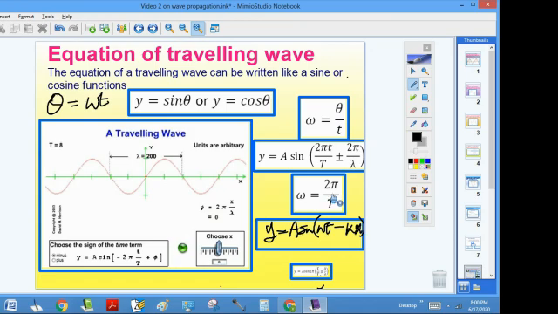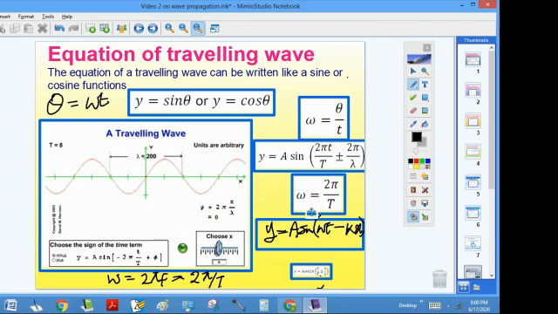So this w, as we have here, is the same as 2 pi over T, or 2 pi f. That is, angular frequency is equal to 2 pi f, which is equal to 2 pi over T. That is what we have used to represent this.